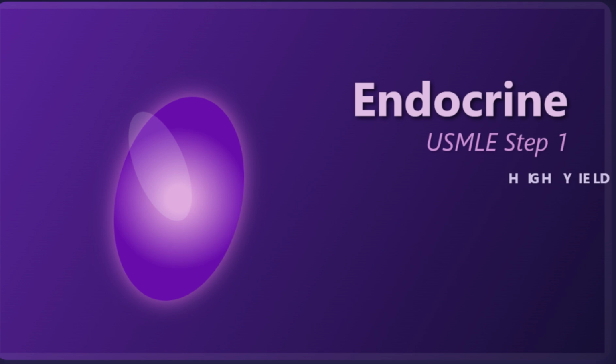Are you following me? Now let's explore multiple endocrine neoplasias, also known as MEN syndromes, which all have autosomal dominant inheritance. Just like the X-Men are dominant over villains, these syndromes are powerful.